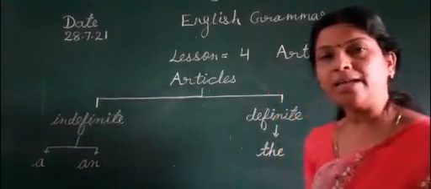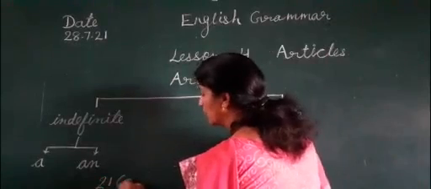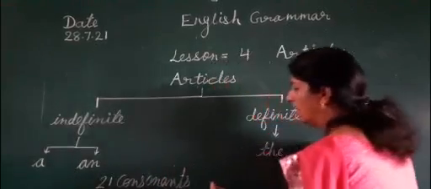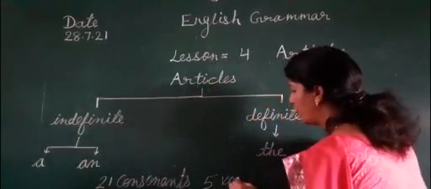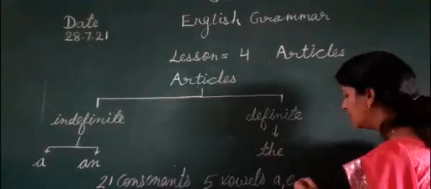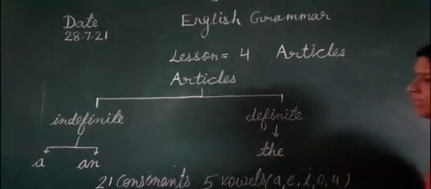There are 26 letters in English. 21 letters are consonants and 5 letters are vowels. That is A, E, I, O, U. Okay?